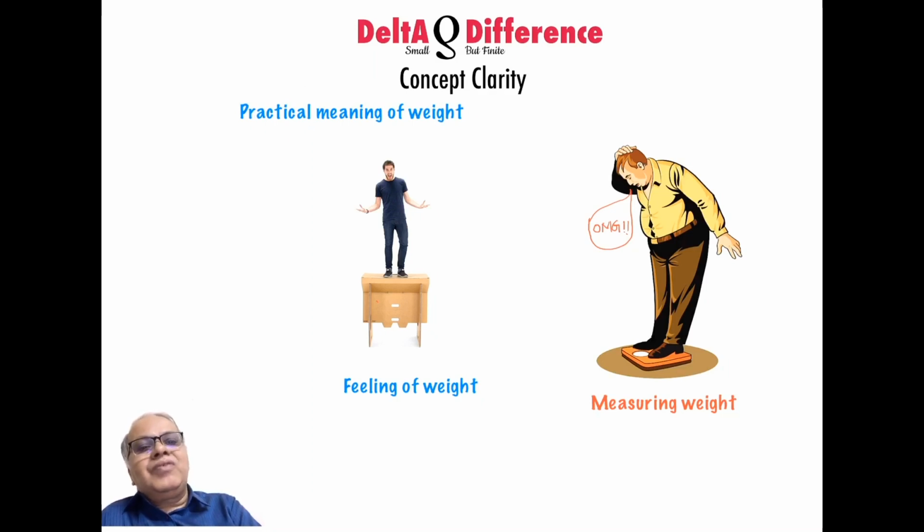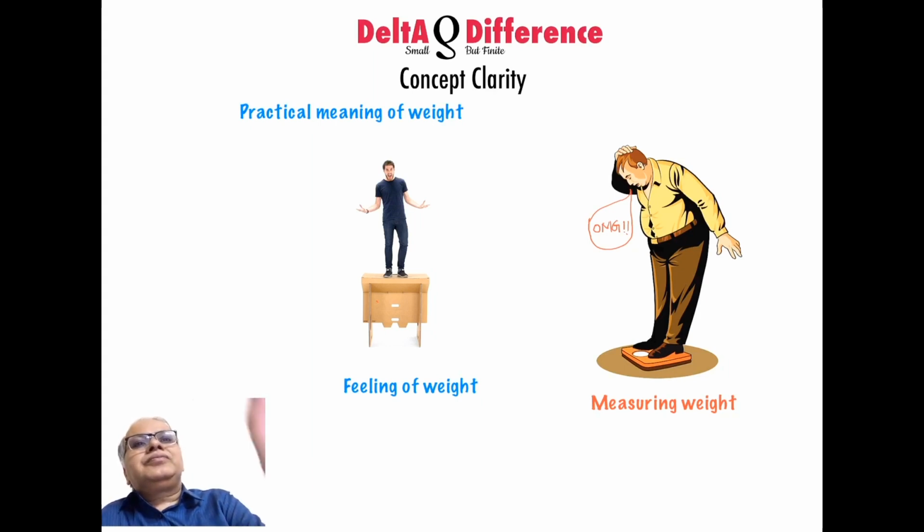That is, our feeling of weight, our feeling of heaviness, is actually what made us introduce the word called weight. Nowadays people are worried about their weights going up because of lack of exercise. That's what I mean by the feeling of weight, the feeling of heaviness we need to understand. And the second thing is, how do we measure weight? Once this is done, we can actually reconcile many apparently opposing aspects of weight in a proper way.